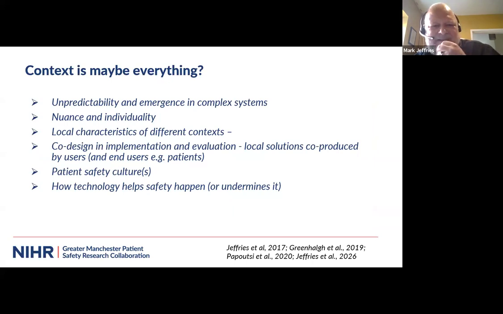Next, sorry, thank you, Sabia. So as we finish off here, I also wondered whether context is everything. Is it about the unpredictability and emergence of complex systems? Is it all about the fact that they're very nuanced, they're all very different? One of the things I think is really important, and there is quite a lot of work out there, is the Papuzzi paper I cite there about co-designing with co-users and also with patients.